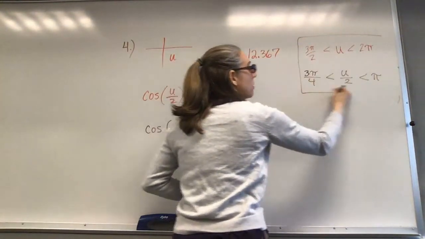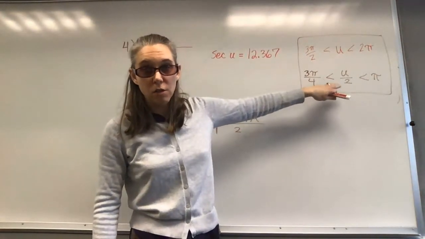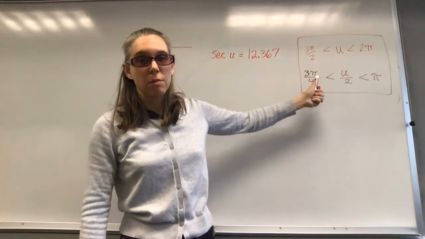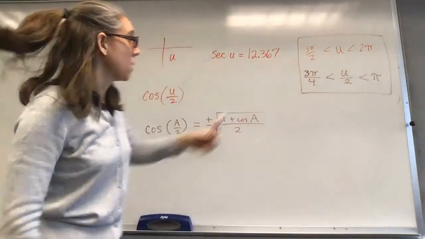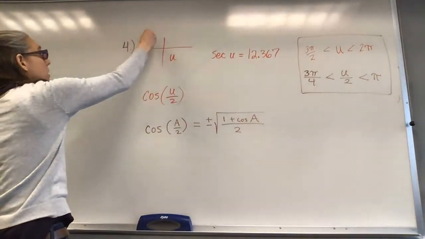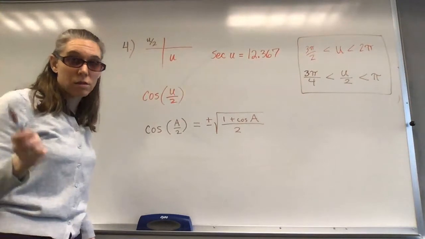So I want to keep in mind that u over 2 is therefore between 3 pi fourths and pi, which would make u over 2 a 2nd quadrant angle.